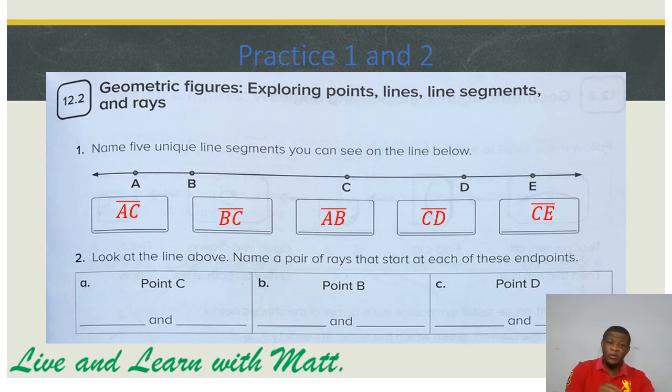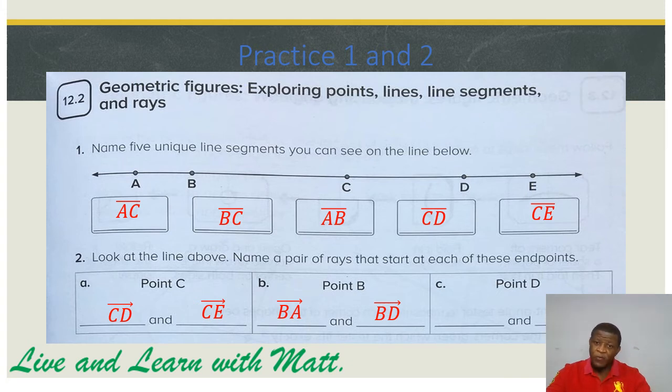Now for the rays, a pair of rays starting from C. So we have CD and CE. For point B, we have BA and BD or BC, whichever one you want to write.